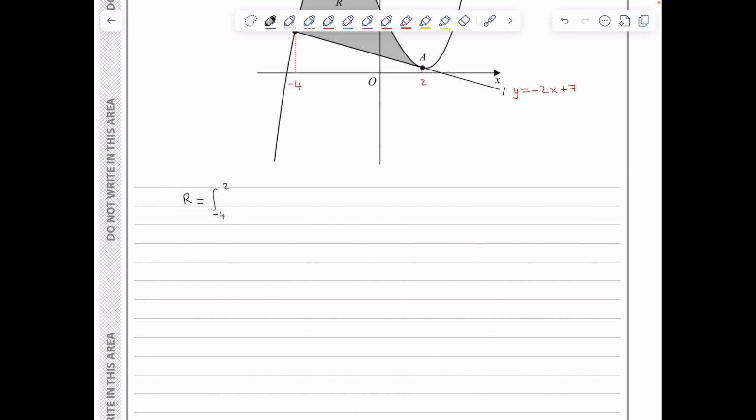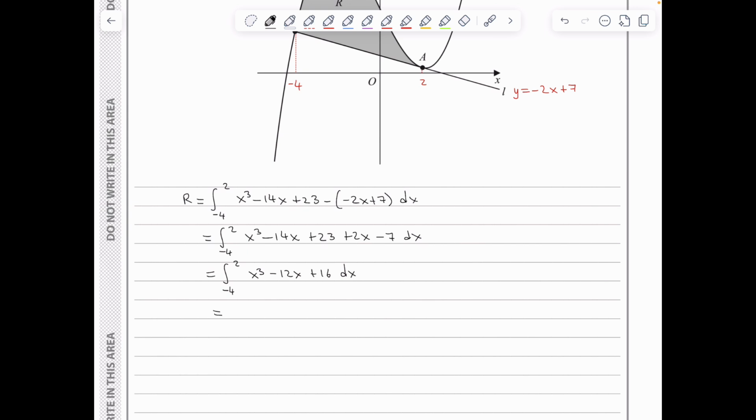And I'm doing curve above, which is x cubed minus 14x plus 23, minus the line below, which is negative 2x plus 7, and we are integrating with respect to x. So we're looking at the integral from negative 4 up to 2 of x cubed minus 14x plus 23 plus 2x minus 7 dx, which further simplifies into the integral from negative 4 up to 2 of x cubed minus 12x plus 16 dx.